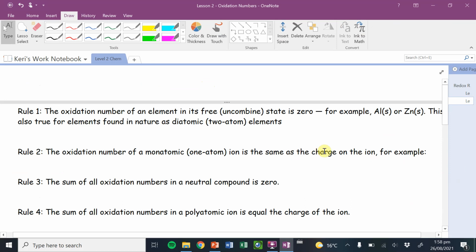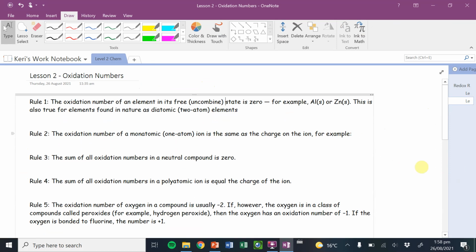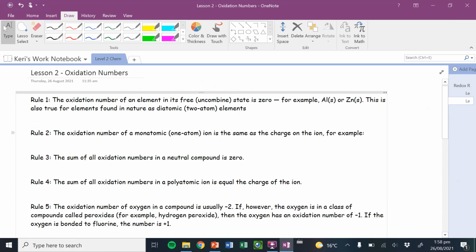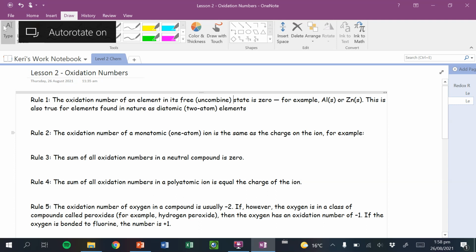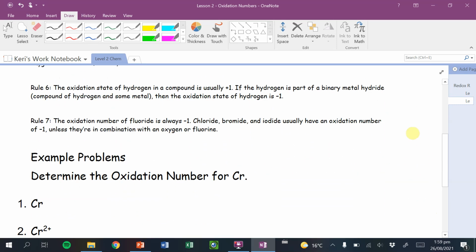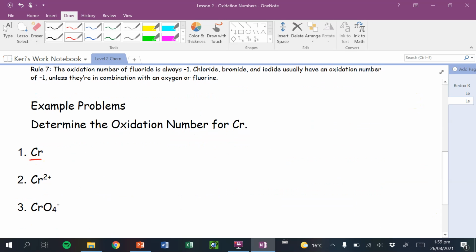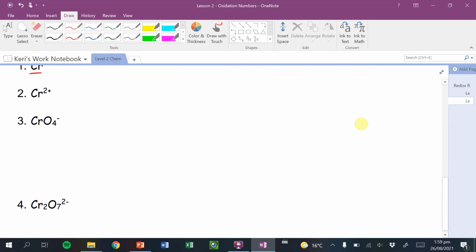Let me switch over so I can draw on my computer now. I'm going to go through each one and flick back and forth from the rules to the example problems. So I'm looking for chromium. That's the only oxidation number that I'm looking for in all of these examples.